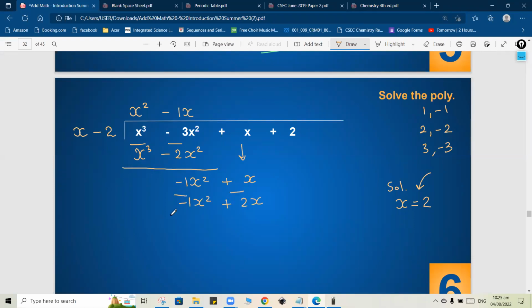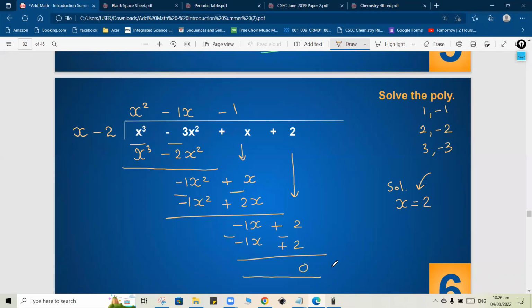With a minus and a minus, you get 0 here. Over here, you're going to get x minus 2x is minus 1x. The 2 comes down here. How many of you could agree with that? We got the remainder to be 0, and we're supposed to get 0 because we said x equal to 2 is a solution.